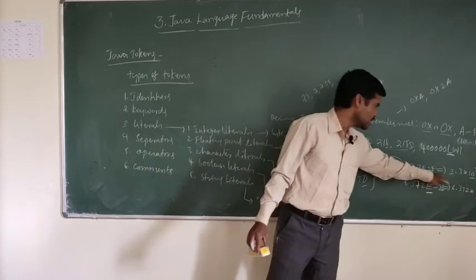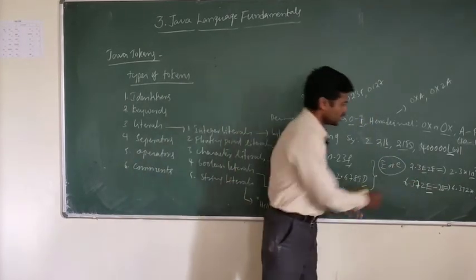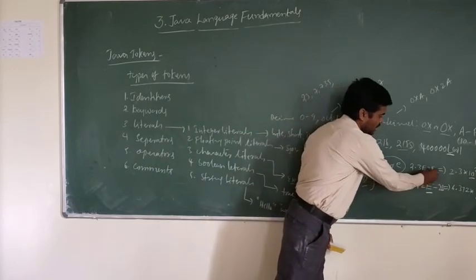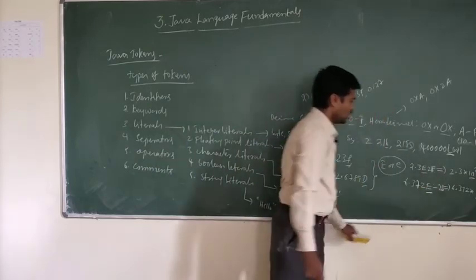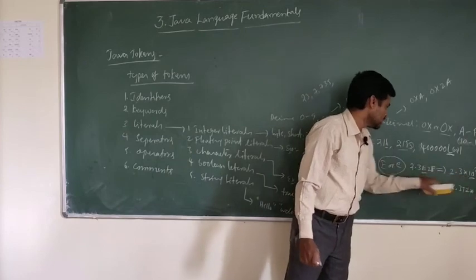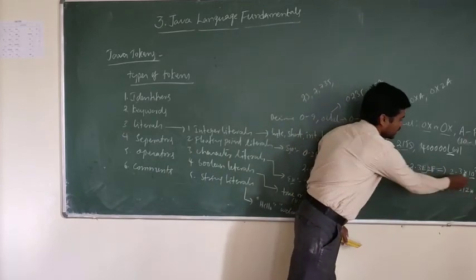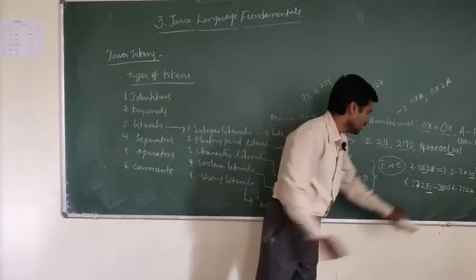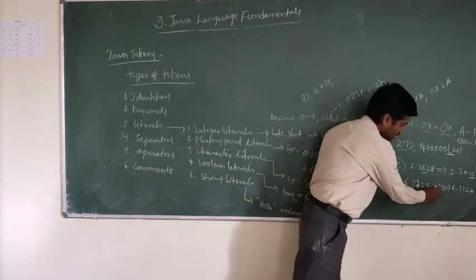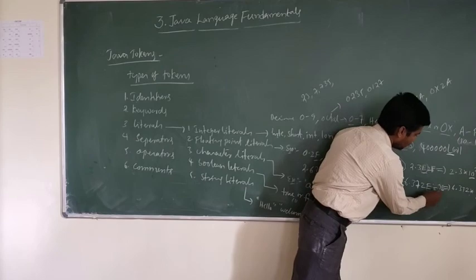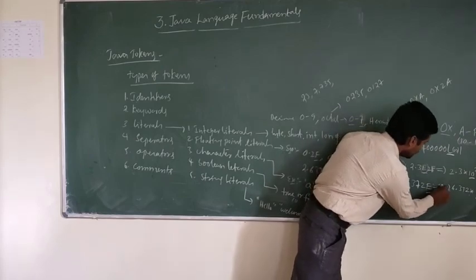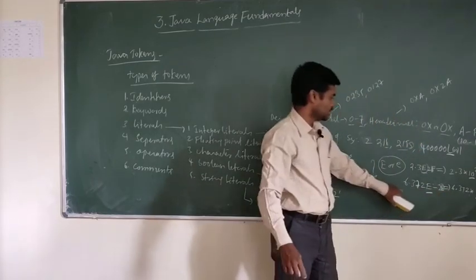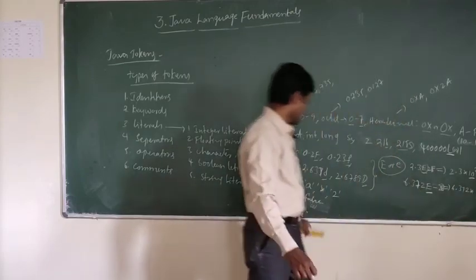This is the example for exponential notation, 2.3e2f. F means this is float, and we can also write it like this: e exponential can be represented with the exponent of 10. Similarly here I gave 6.372e minus 2d. D means double, so this can also be represented like this.